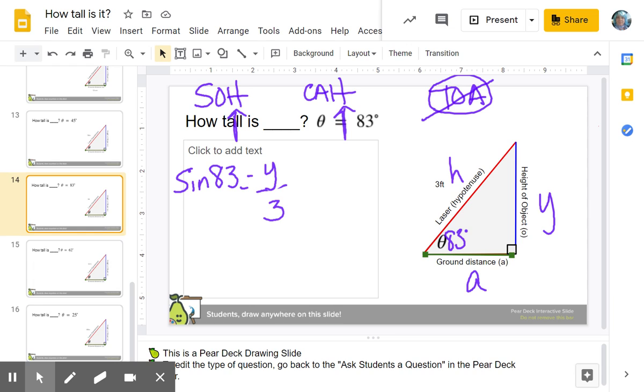It says that you ended the session with the Pear Deck. Oh, did I give you the wrong Pear Deck? Maybe I did. You're the one that's using inverse Trig. We are in a new one. So let me put this in the chat. There we go. Okay, I'm in.